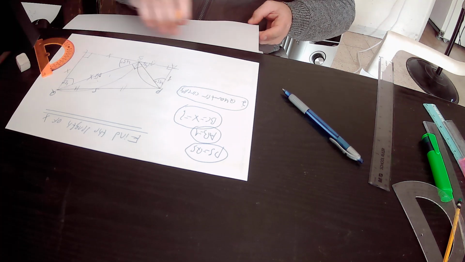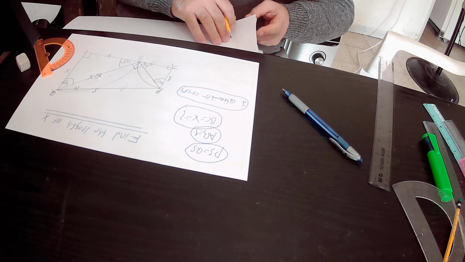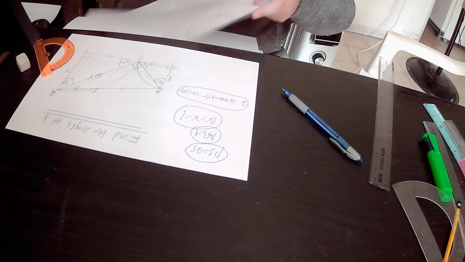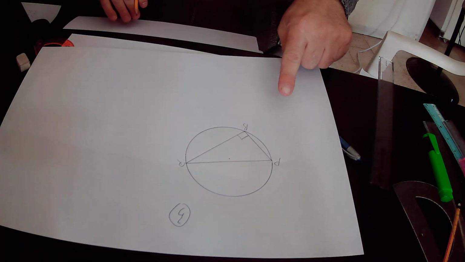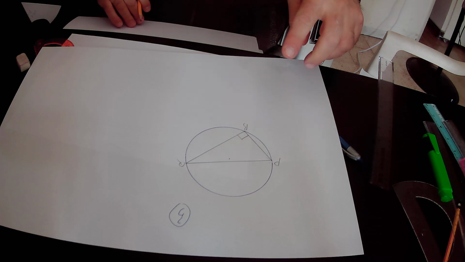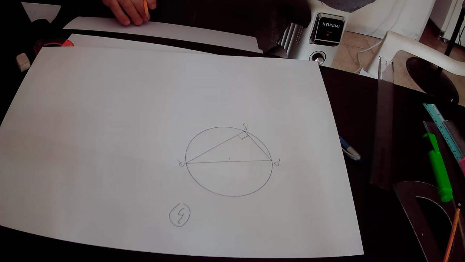So this is the right triangle PBQ that is blocked by a circle.